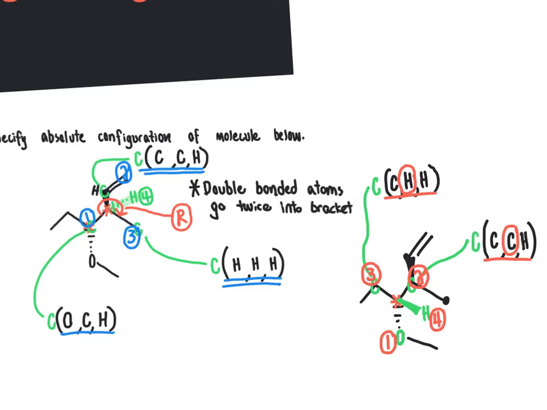So now what we will do is we need to assign the chirality of this molecule as R or S. We notice that the hydrogen here, the lowest ranked group in this case, points toward us rather than away from us. And so we can't just straight away draw our clockwise or counterclockwise circle and assign directly based on that.